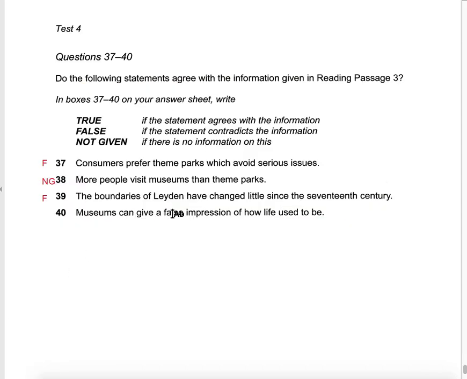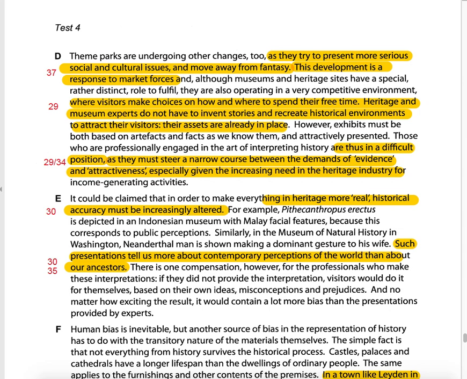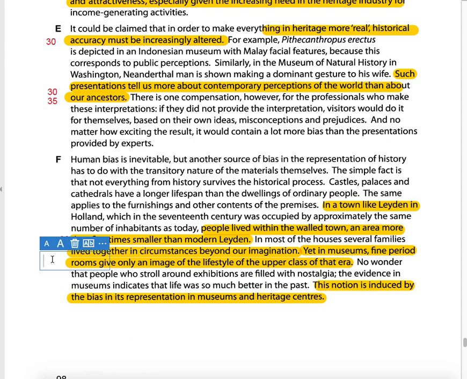So false impression is like bias. So that's true. So they give us the wrong idea of how life used to be. And it's saying here that they're giving us the wrong idea of what life was like in Leiden. It's totally different, okay?